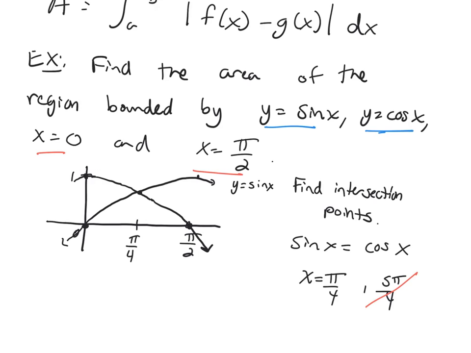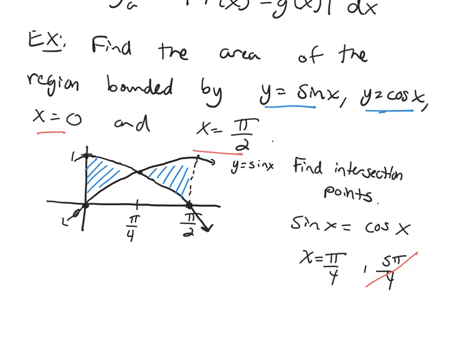And I wanted between 0 and pi over 2. So it looks like my region that I'm trying to find the area of is these two pieces right here. Let me draw this dotted line up here. So I'm going to call these regions some names.